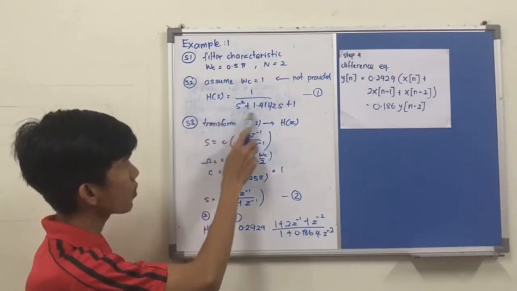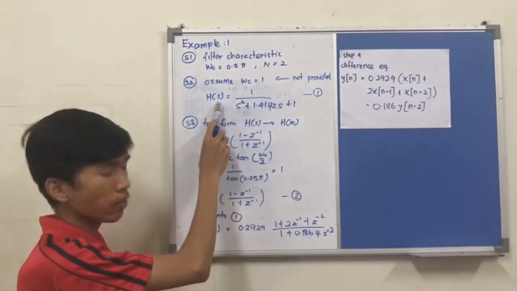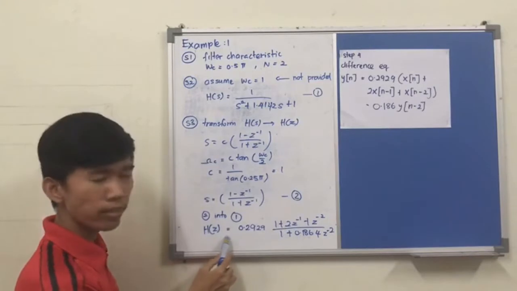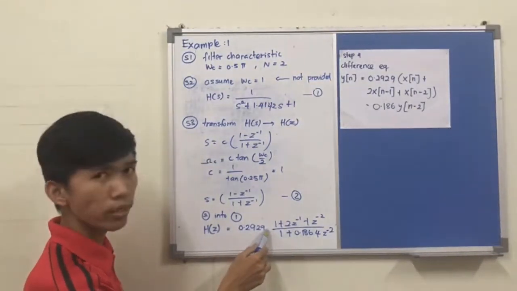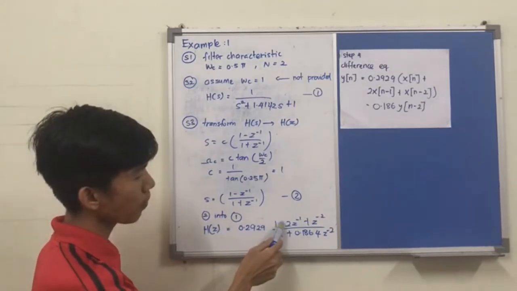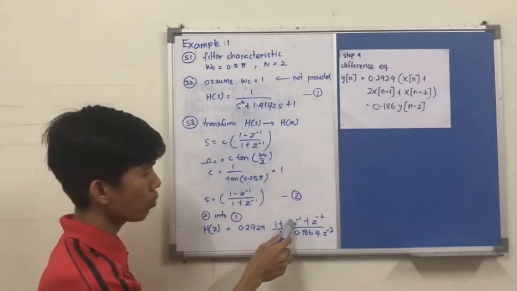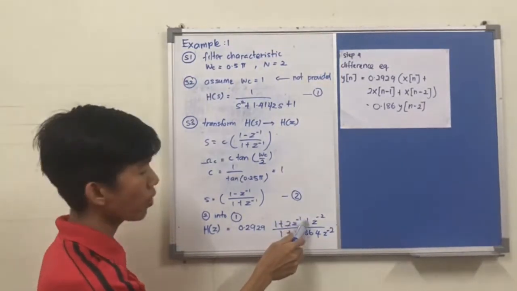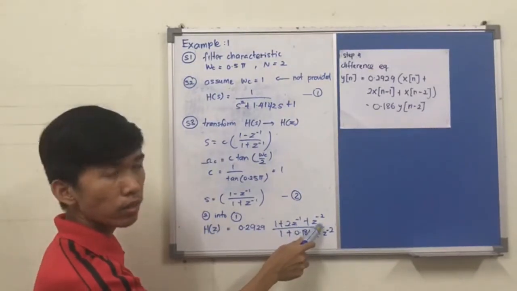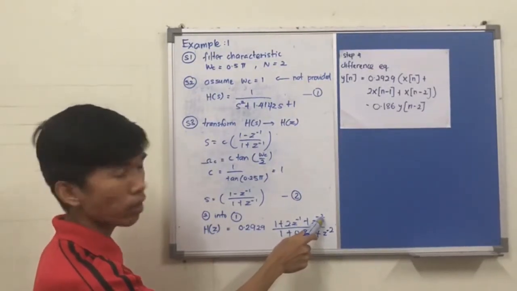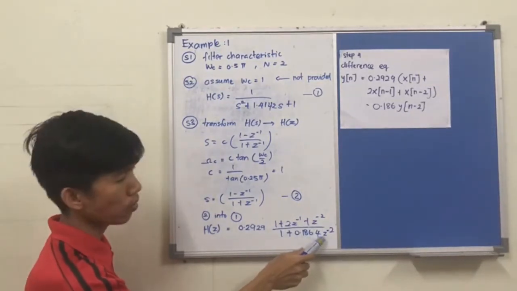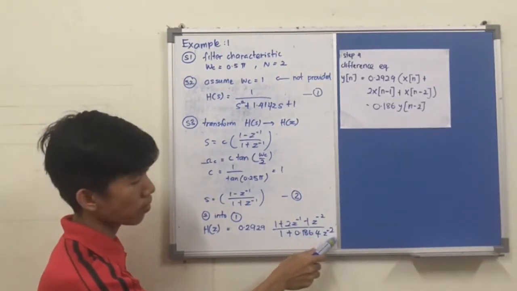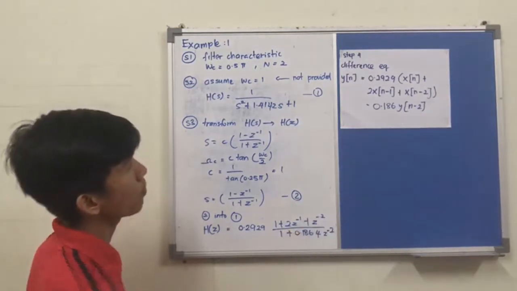After we simplify the H(s) equation, we get H(z) equal to 0.2929 times (1 plus 2z to the power of -1 plus z to the power of -2) over (1 plus 0.164z to the power of -2).